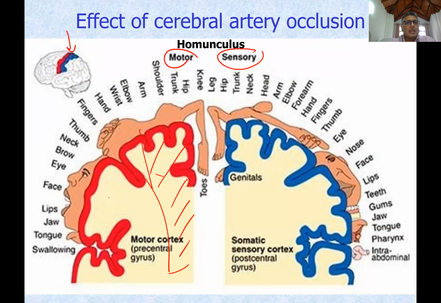Similarly, if that area is supplied by the middle cerebral, the effect would be on the upper limb, mainly hand and the face area. So the posterior cerebral artery will not have an effect on the homunculus, the pre and post central gyri, because that is on the posterior side. It's the visual effects you get with that one.